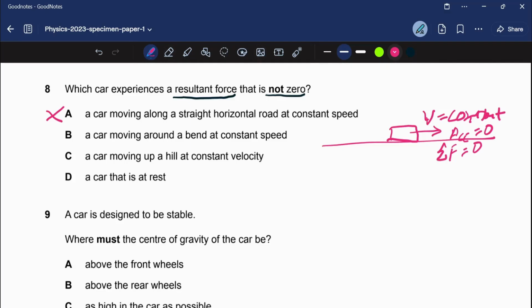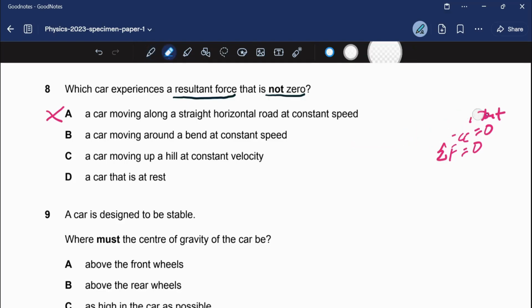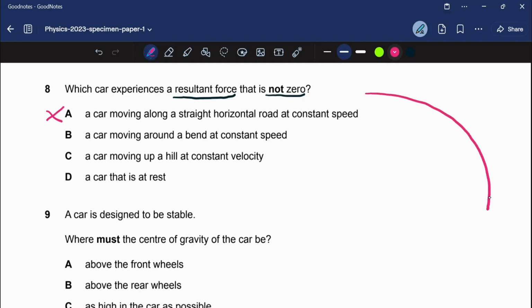Now, a car moving around a bend at constant speed. Let's analyze this case. We have this bend, and the car is moving along this bend at constant speed v.